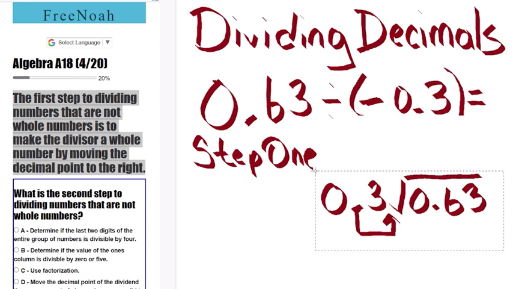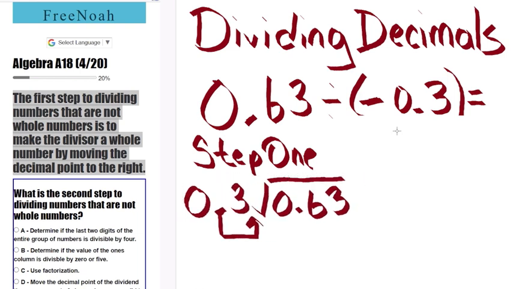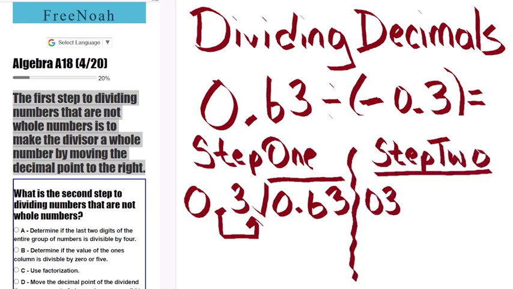And what we do to our divisor, we must do to our dividend. So step two, repeat the process, but this time to our dividend. We move it one place value to the right, making this 6 3/10.